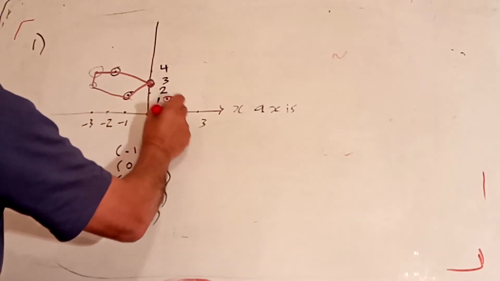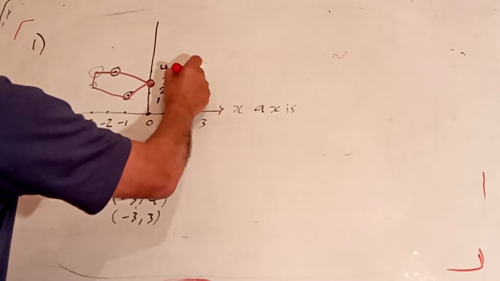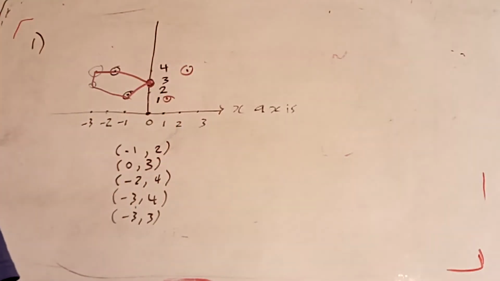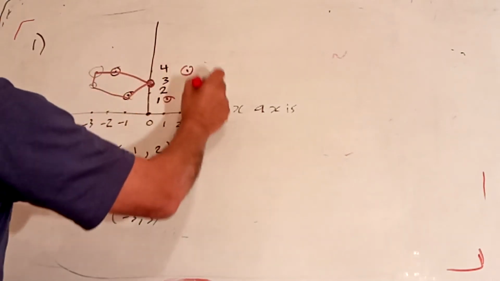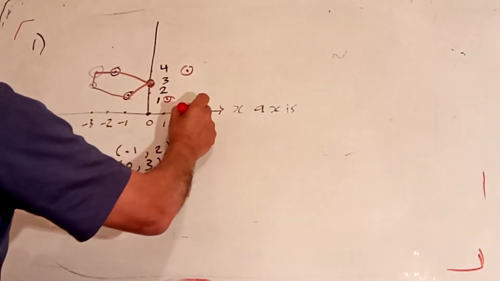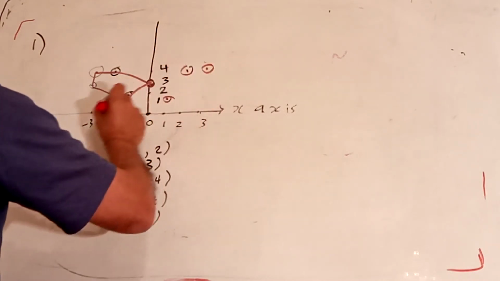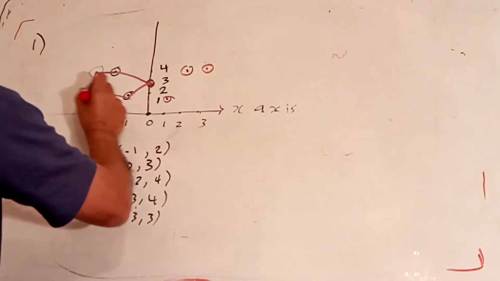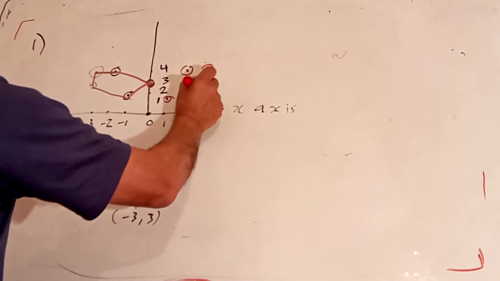So we go 2 from here. This is 2 and 4. This one is -3 and 4, so minus 3 on this side will be plus 3, plus 3 and 4. This point is -3 and 3, so it will come here, 3 and 3.